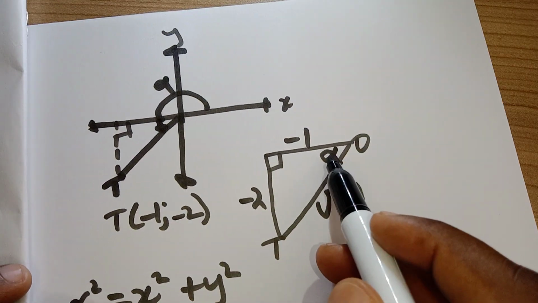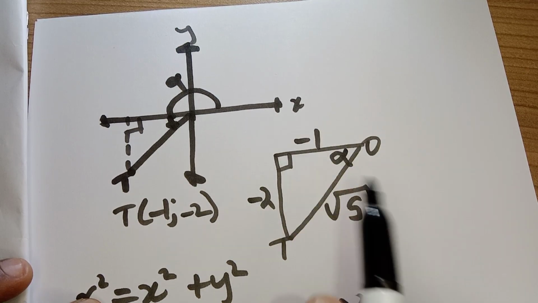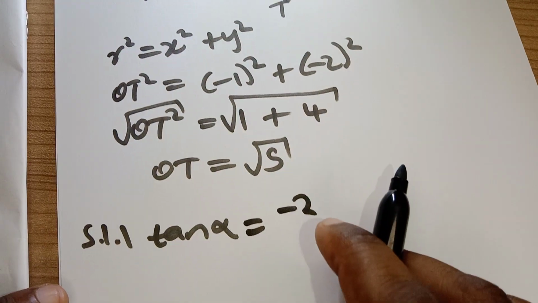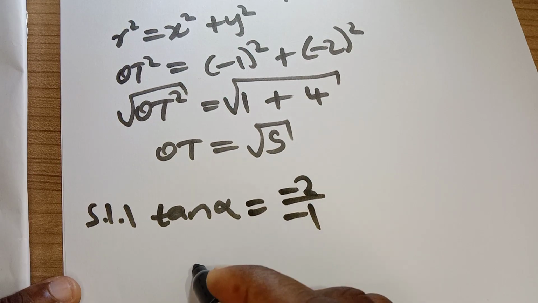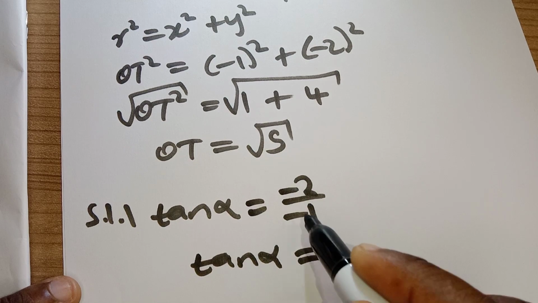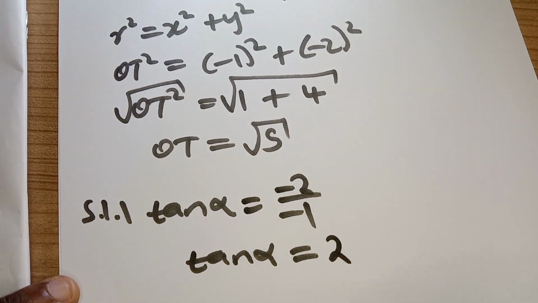This is the alpha. Opposite of alpha is -2. The adjacent of alpha is -1. Then here we're going to have -2 over -1, okay? Then when we simplify here, negative and negative are going to give us +2 divided by 1 gives us 2, okay?